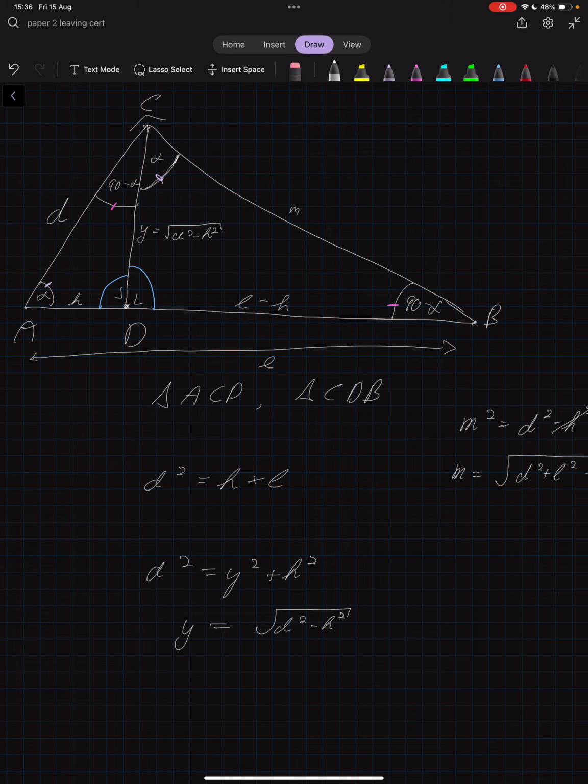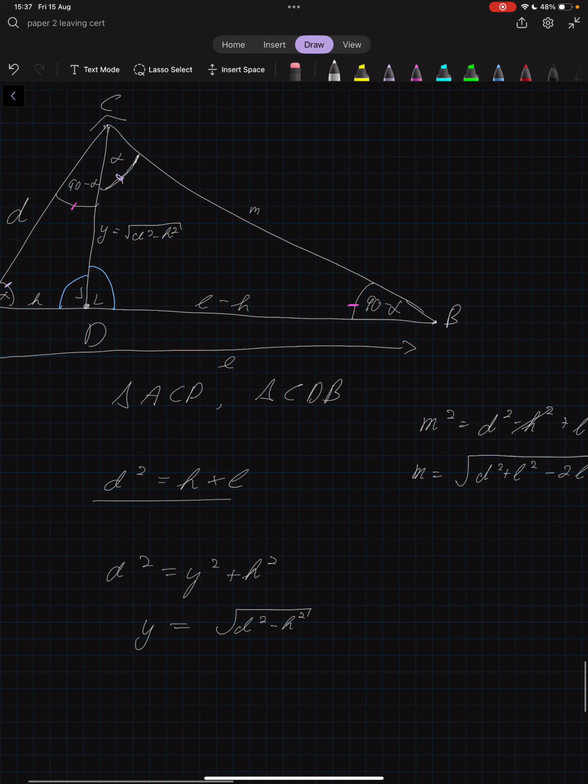So now what I can do, again, this is what I want to show, I want to do probably the cos of alpha. Okay, it should work out.